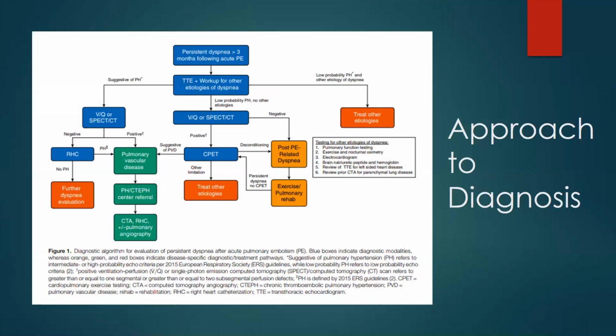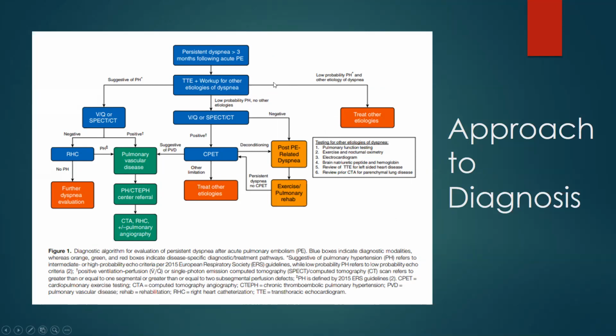Okay, so when we think about these patients, oftentimes we do this step where we look for other etiologies. We get PFTs, we get EKGs, get some blood work, see if they have an elevated BNP, look at a CTA to see if they have emphysema, sarcoid, parenchymal lung disease, which is all fine. You do want to look for things that could confound the picture. But if they fit the persistent dyspnea after 3 months of adequate treatment, then you really want to screen them with the transthoracic echo.